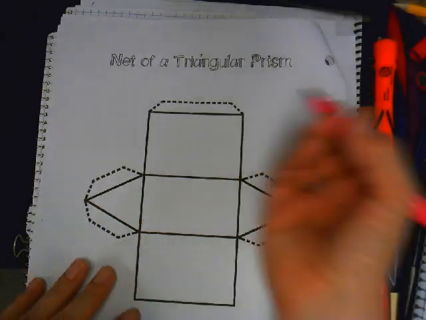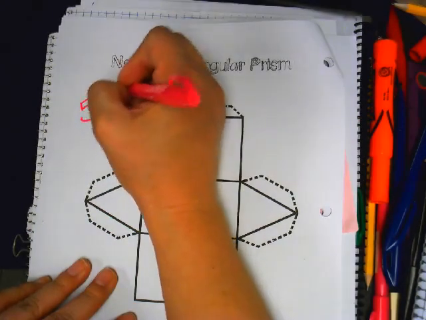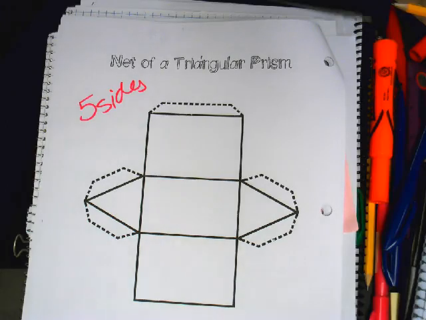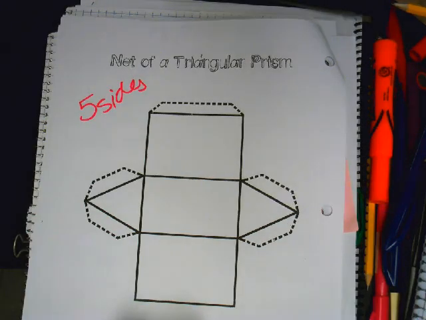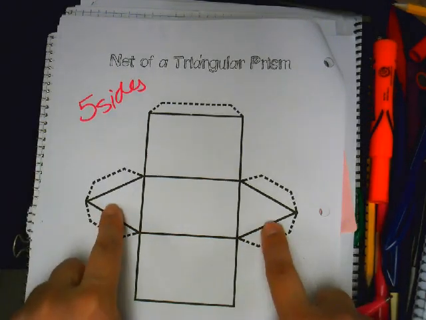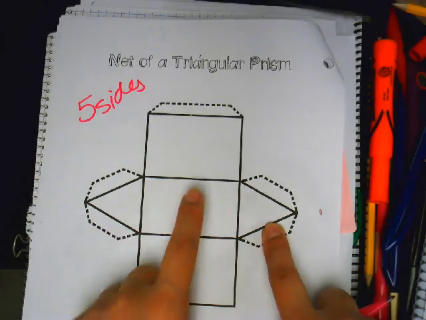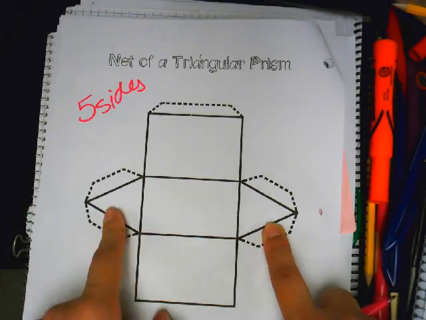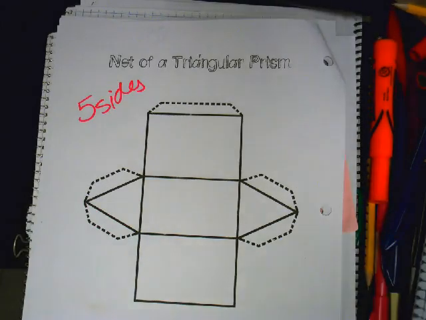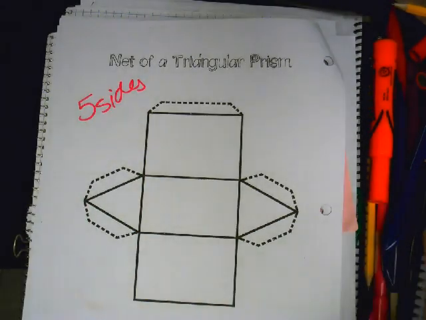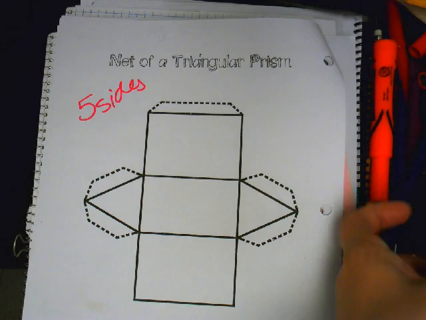5. So this one has 5 sides. It has how many rectangles? 3 rectangles and 2 triangles. All right. So let's make up something.